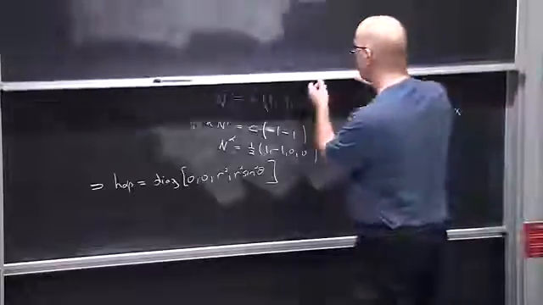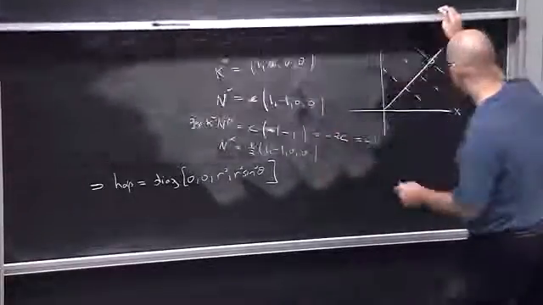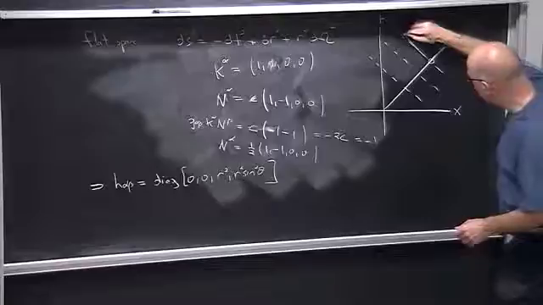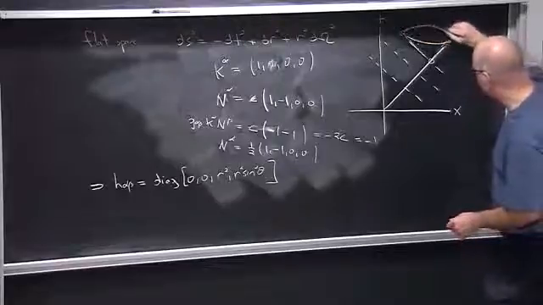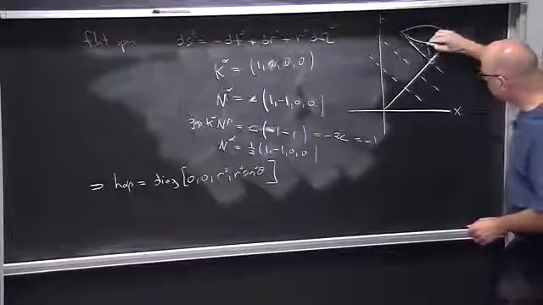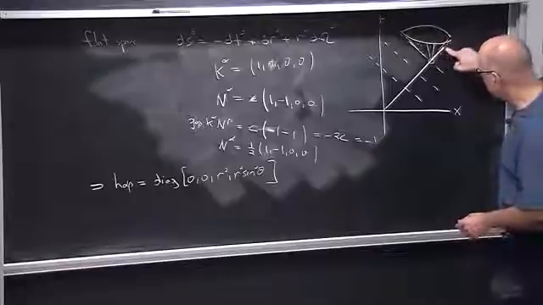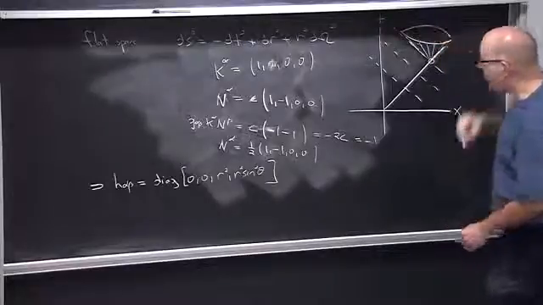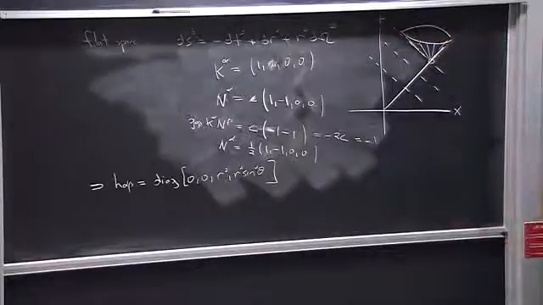I'm going to try to draw it. So I have a whole null cone over here. And instead of picking this direction, I could have picked this direction or that direction, not this one, or that direction, or any direction along the cone. So I have the freedom to rotate. And N basically can be any one of those null directions that I'm picking out.